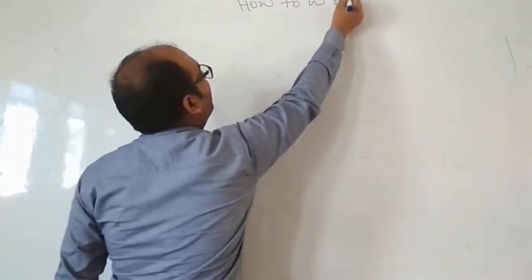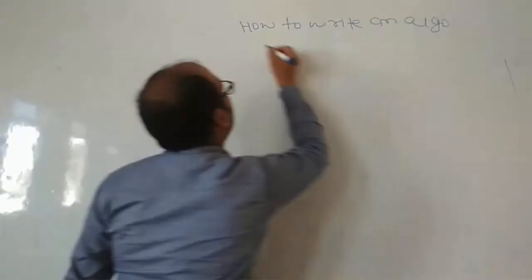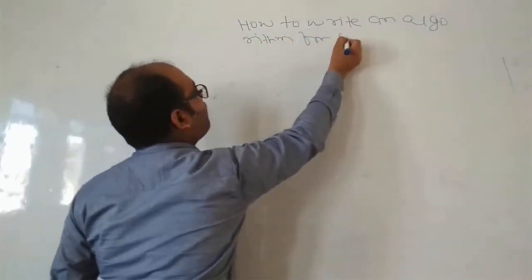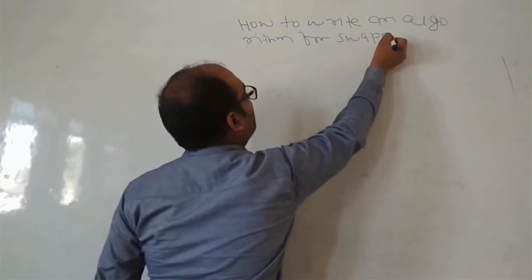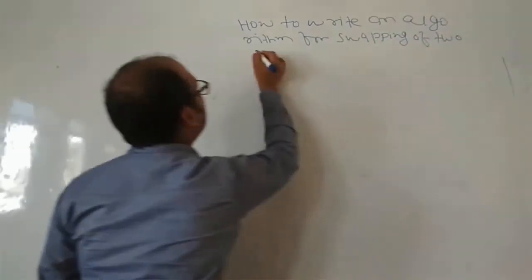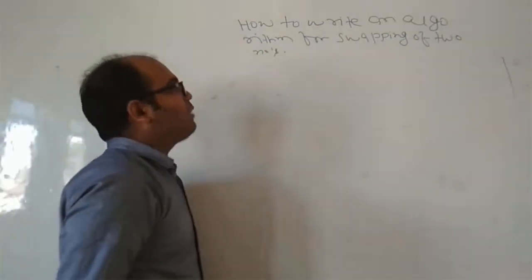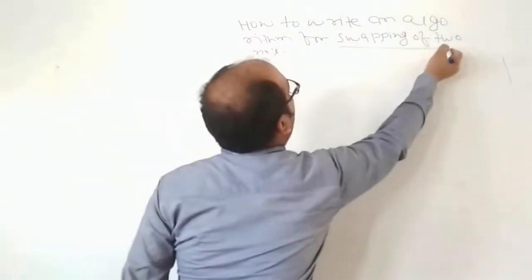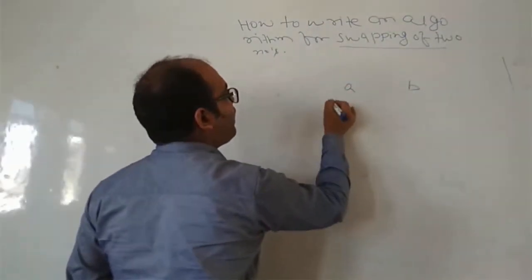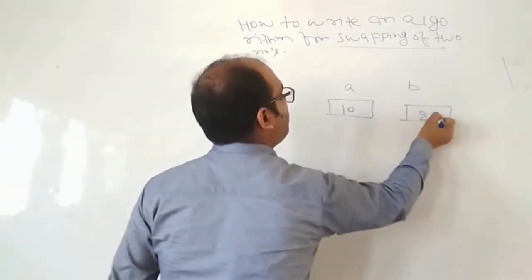Write an algorithm for swapping of two numbers. Now, what is the meaning of swapping of two numbers? Suppose we have two numbers A and B. Initial value of A is 10 and initial value of B is 20.